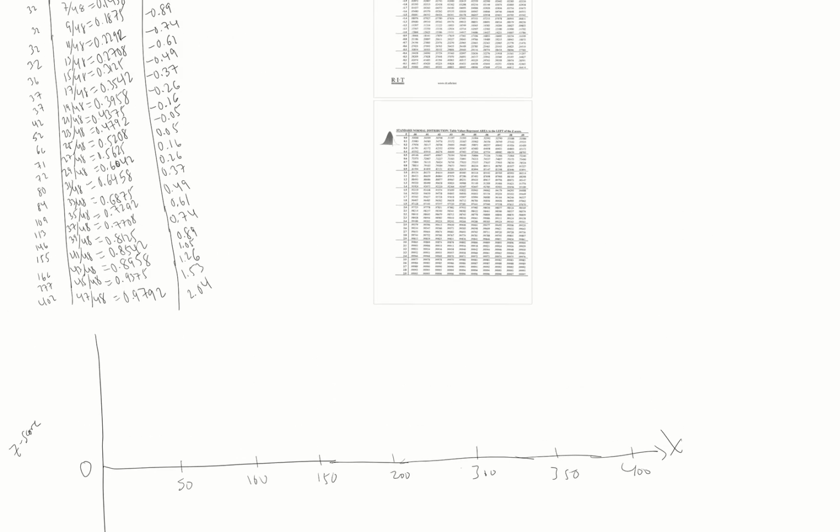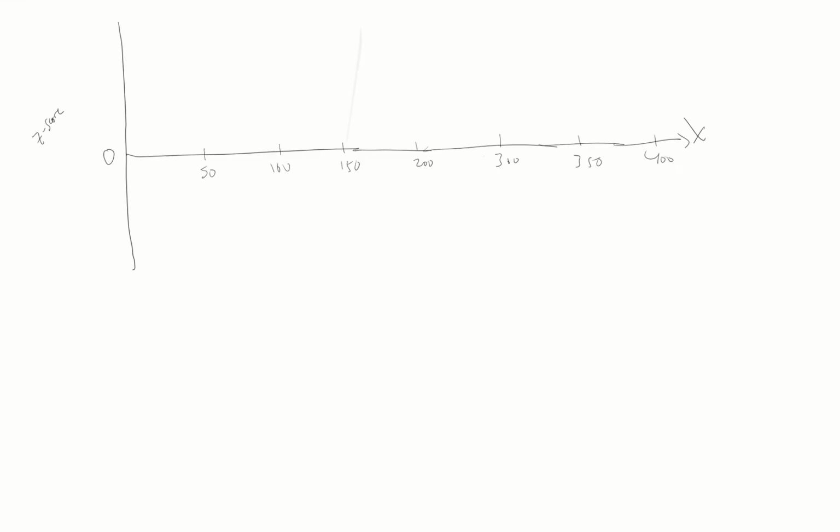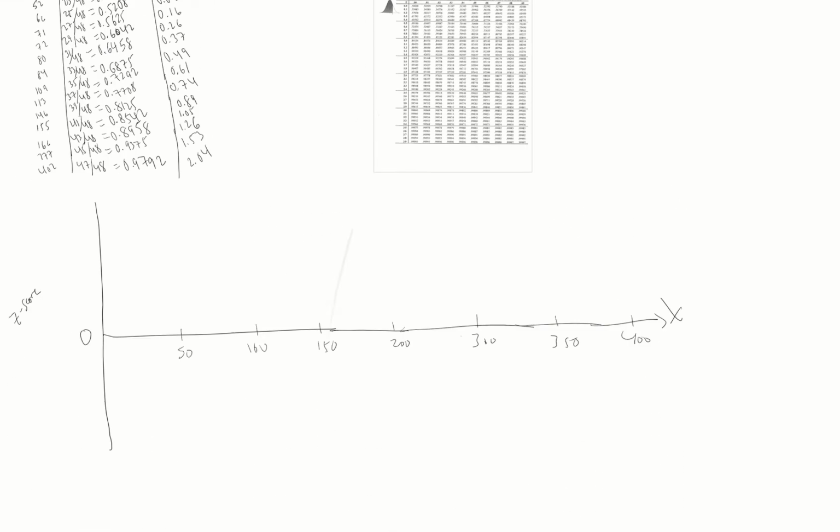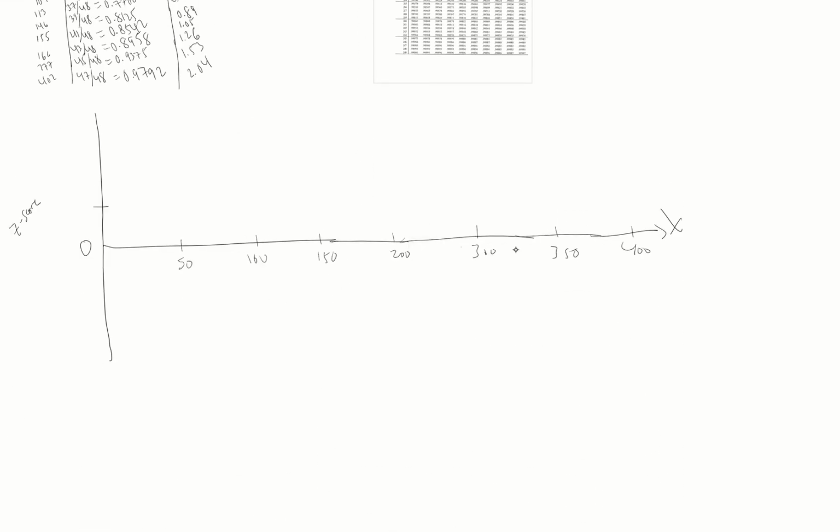Our highest z is 2 and our lowest z is negative 2.04, so let's go by 0.5s for the z.